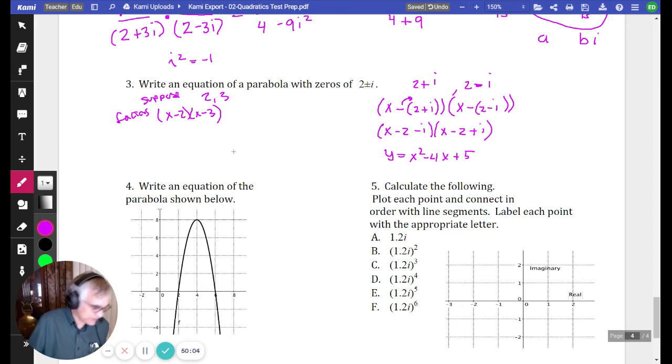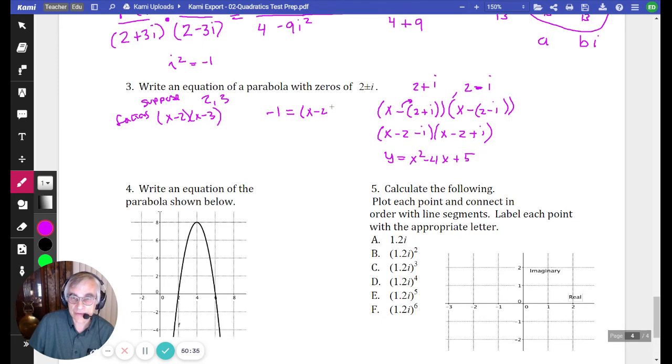An alternative way of looking at this, it's kind of interesting, is to think about how you might get zeros of 2 plus or minus i in the first place. If you were solving a quadratic in vertex form, you might end up at the very end with an equation that looks like this: negative 1 equals x minus 2 squared.